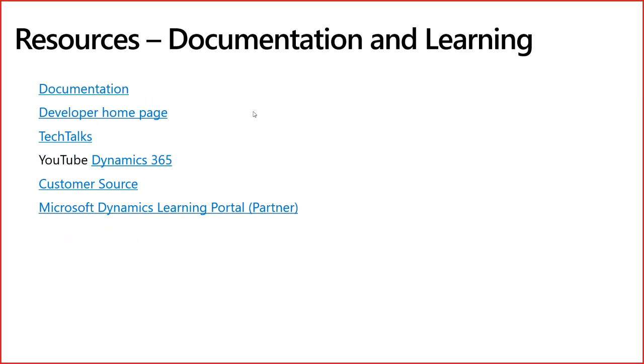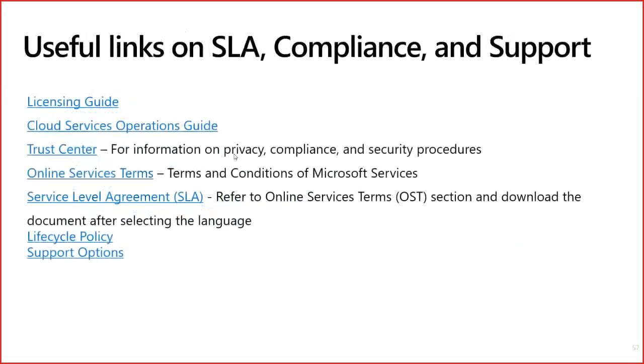Then you have the links for documentation and other tools for e-learning, for example, the doc site, the Tech Talks page, the YouTube channel, and the customer and partner source for additional e-learning training materials. And finally, you have useful links related to documents. Very important, for example, you have here the licensing guide, a very important document.